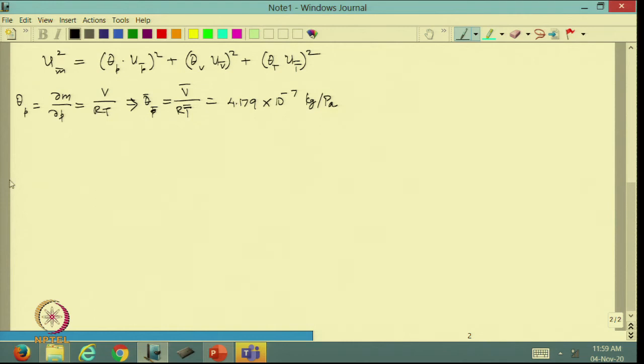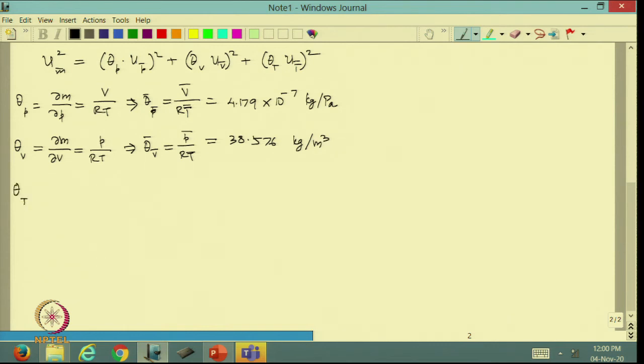So, thetas have units generally, they may not be the same at all. Now, theta v is d m by d v, this becomes p upon r t, and you do this whole calculation at the mean values, theta v bar is equal to p bar upon r t bar, and this is 38.576 kilograms per meter cube.